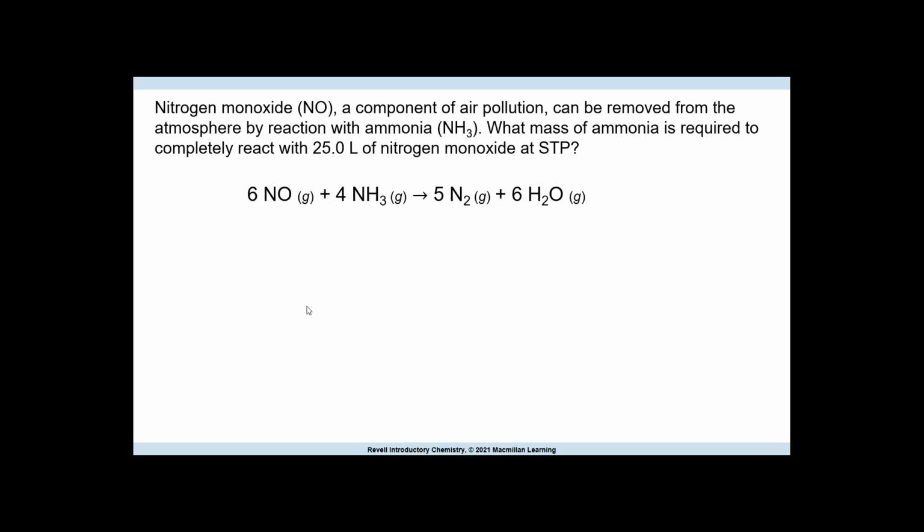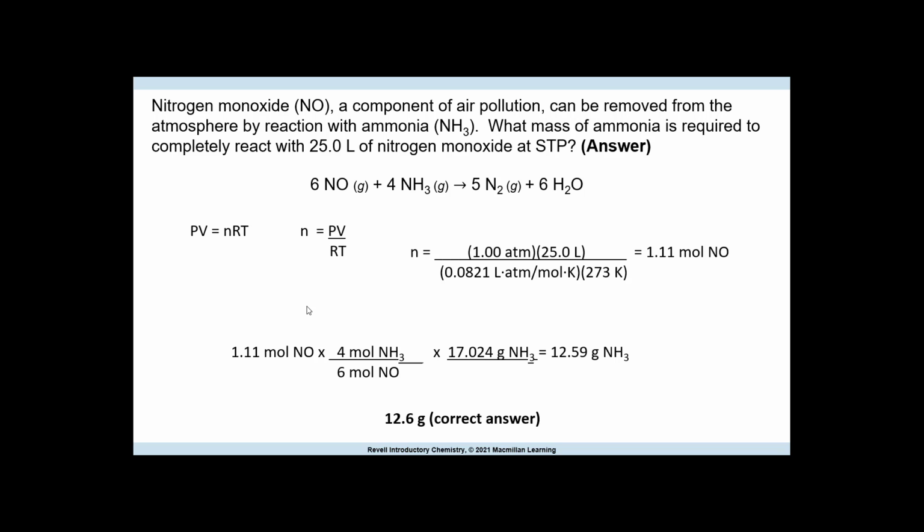Nitrogen monoxide, a component of air pollution, can be removed from the atmosphere by reaction with ammonia. What mass of ammonia is required to completely react with 25 liters of nitrogen monoxide at STP? So here we are with STP again. We want to know the mass of ammonia required to completely react with 25 liters of nitrogen monoxide.